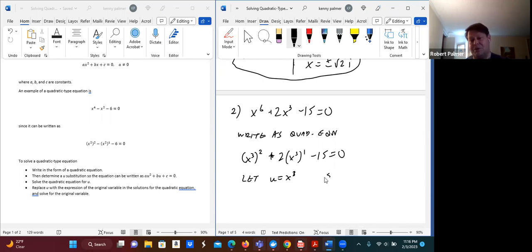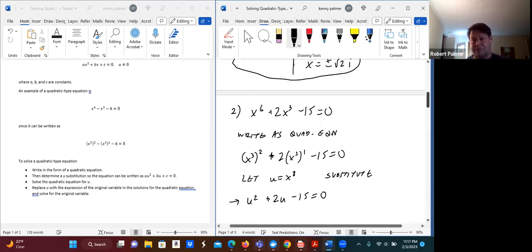So now I'm going to substitute. If I do that, where we've seen x cubed, replace it with u. So I'm going to have u squared plus 2u minus 15 is 0.